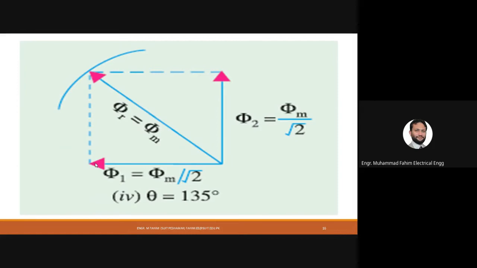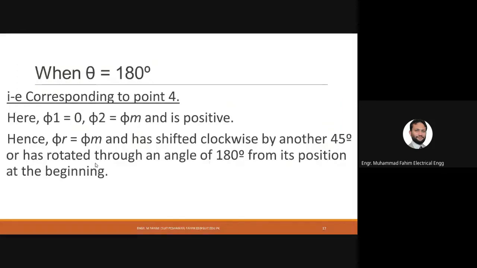When theta is equal to 180, that is corresponding to point 4, and here phi 1 is equal to 0, phi 2 is equal to phi max, and is positive. Hence, the resultant flux is equal to phi max and has shifted clockwise by another 45 degree, or has rotated through an angle of 180 degree from its position at the beginning.